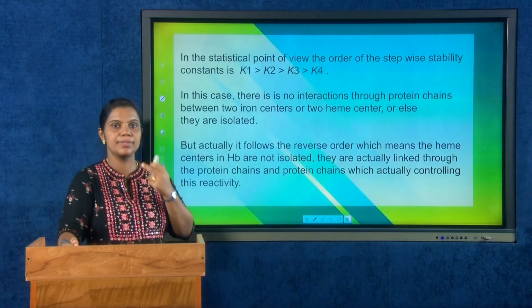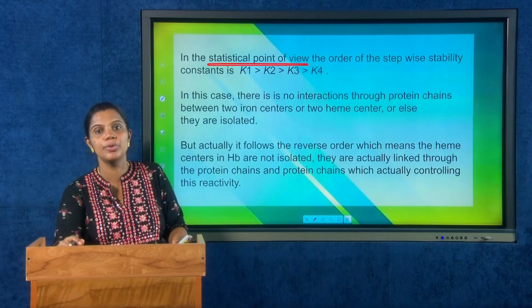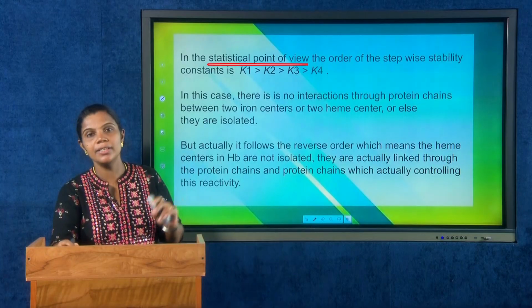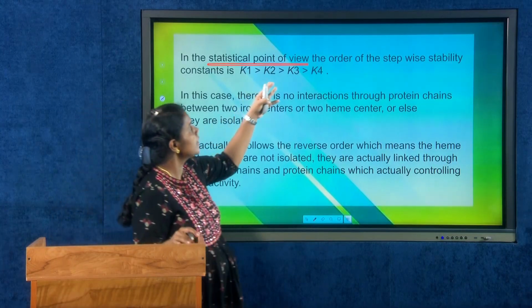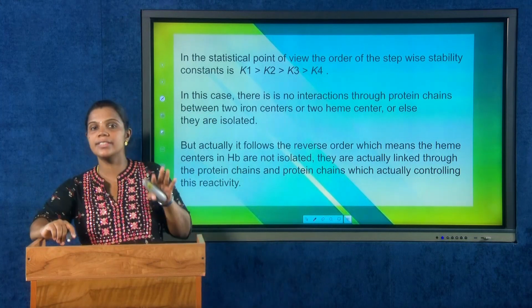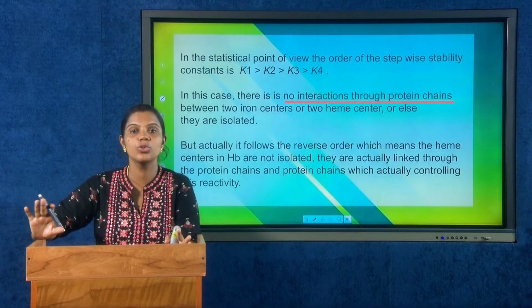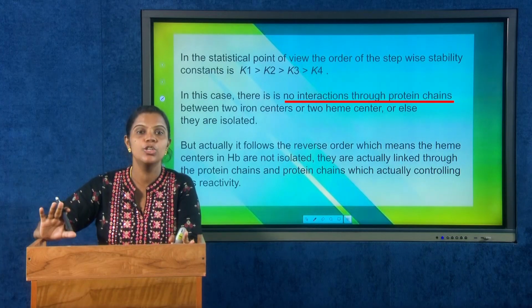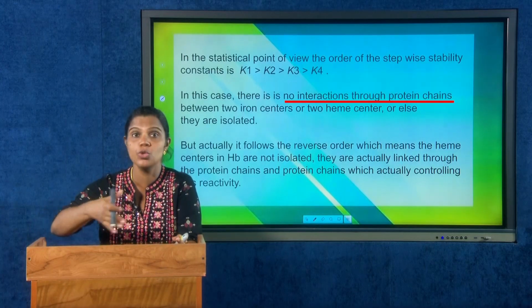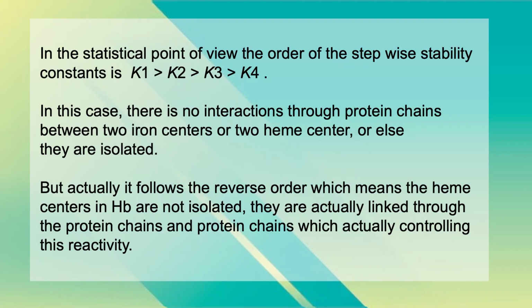I already mentioned that from the statistical point of view, the order of the stepwise stability constants should be K1 > K2 > K3 > K4. In that case, there is no interaction through the protein chains between the two iron centers, or between two different heme centers in the same molecule. Or else we can say that the heme centers are isolated.